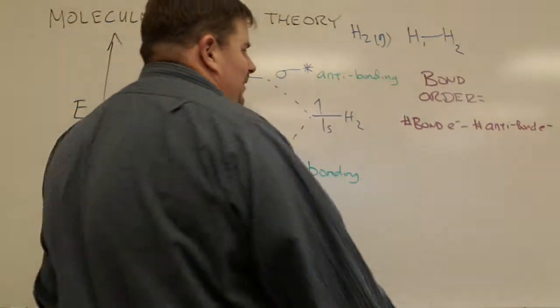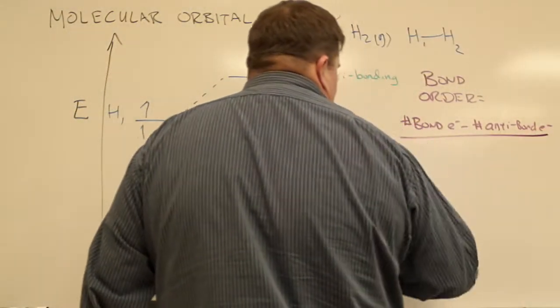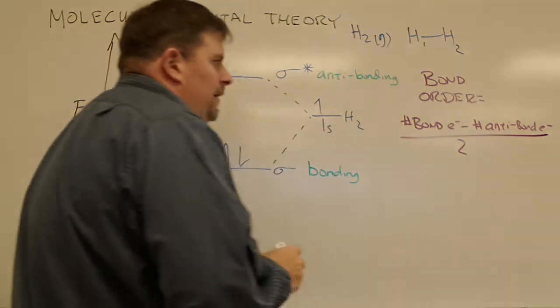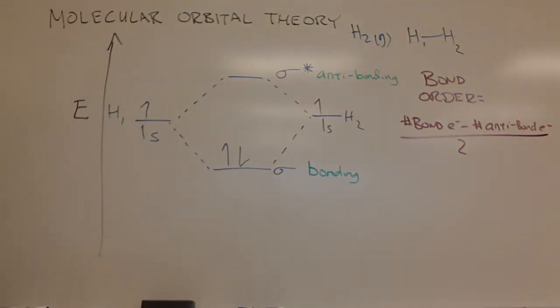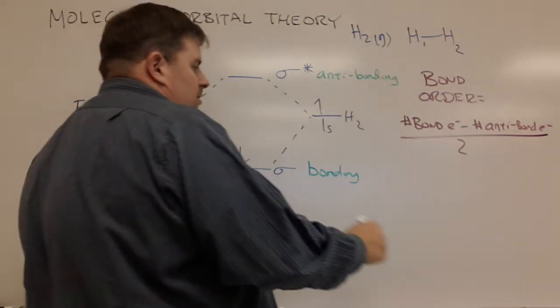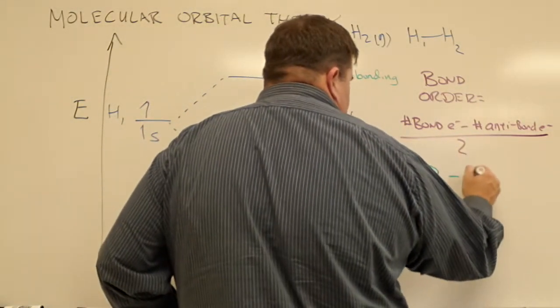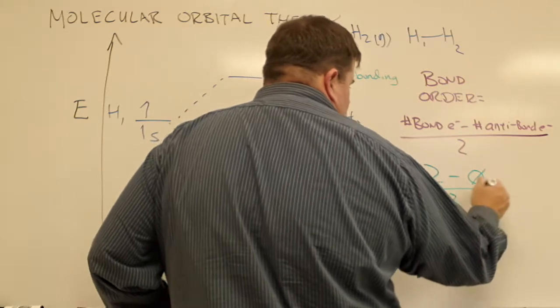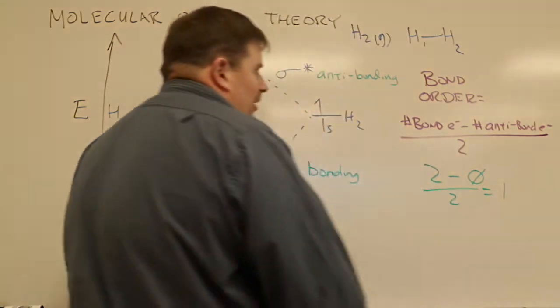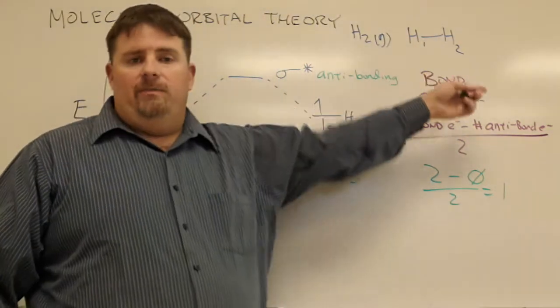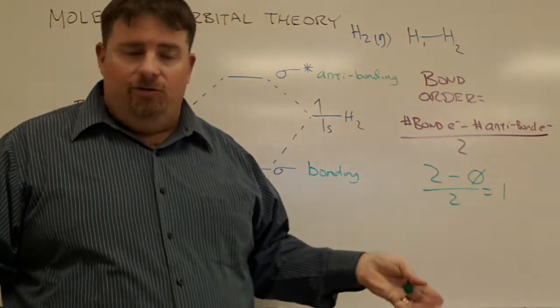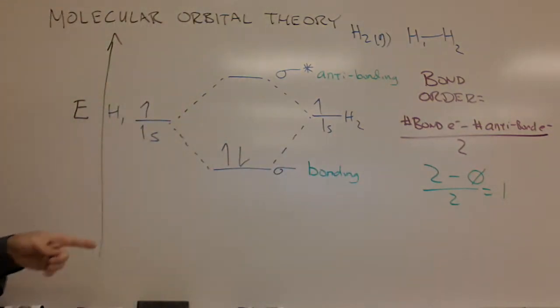Barely, okay? And then I divide that by 2, and that'll give me my bond order. In this case with hydrogen, I've got 2 bonding electrons minus 0 antibonding electrons divided by 2, and I'm going to have 1 bond. And guess what? There's a single bond between the 2 hydrogens. Nothing we didn't already know, but molecular orbital theory helps confirm this particular idea.